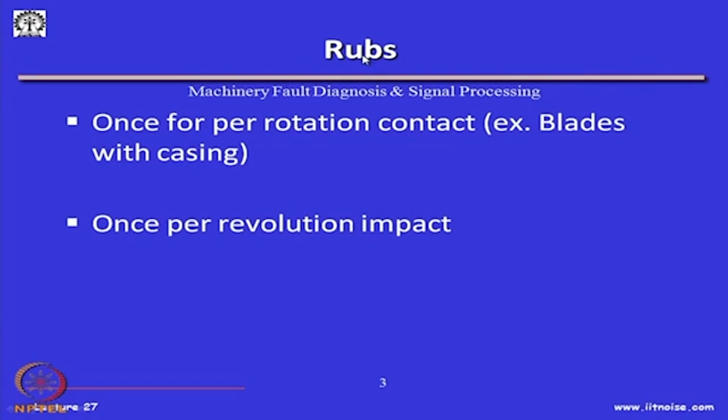So, in a machinery, if anything is contacting each other, rotating devices are contacting each other, they will rub against each other. So, rubs will occur.